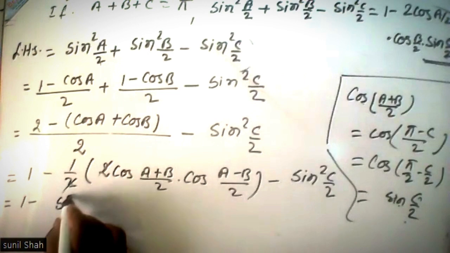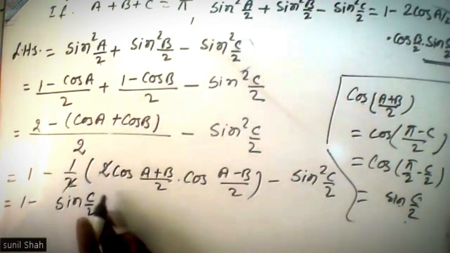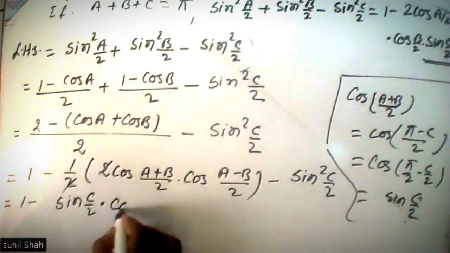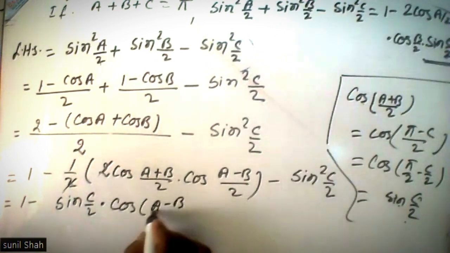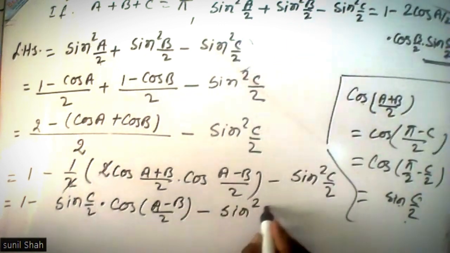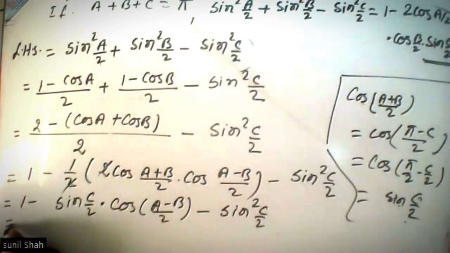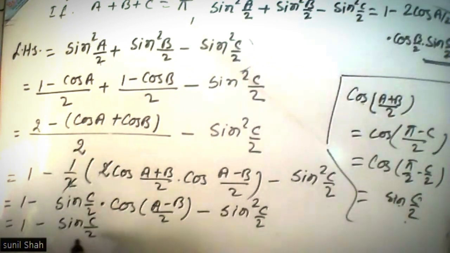1 minus sine C by 2 into cos A minus B by 2 minus sine square C by 2. Taking sine C by 2 common from this and this, and take minus common as well. 1 minus sine C by 2, take sine C by 2 along with the minus as a common.